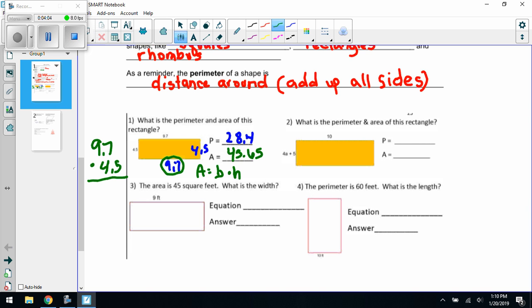All right, so we're going to do it again for number two. First, we're going to start with the perimeter. The base is 10, and we have two of them. And this time, the side is going to be 4a plus 5. So I'm actually going to write that in here again. So we have 10 plus 10.